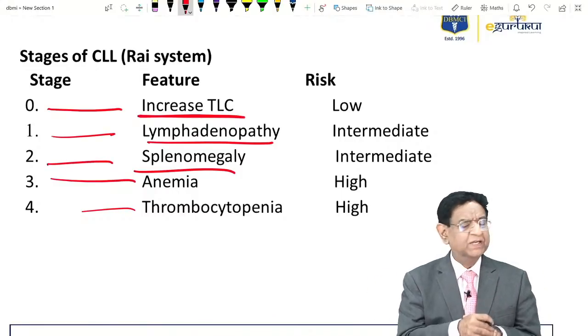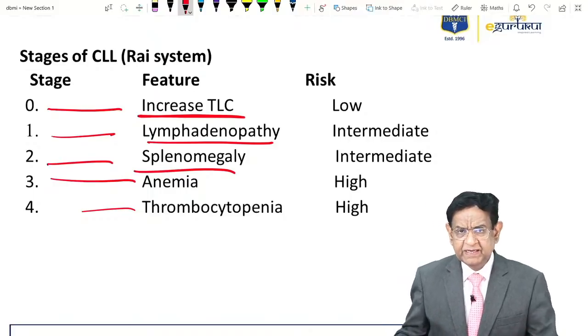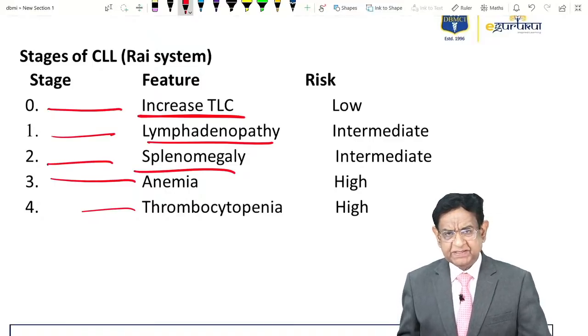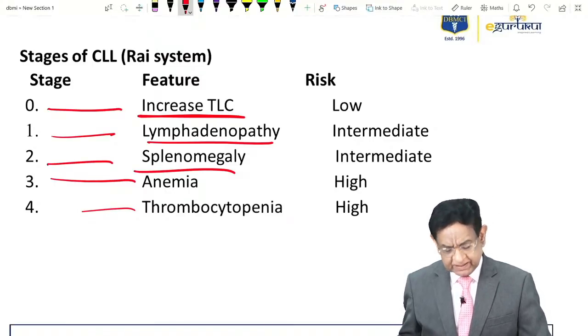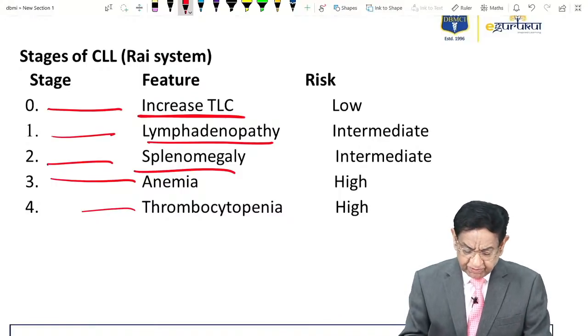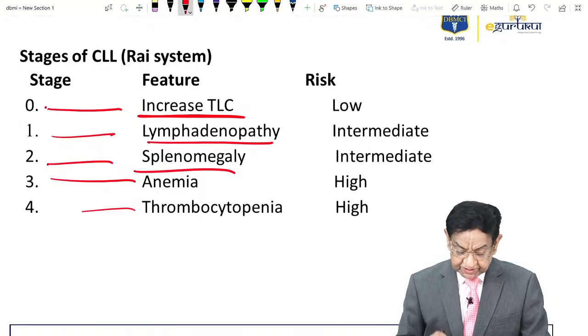particular slide. Since it is a very, very important slide, I'll be discussing a lot of things: pathology, physiology, pathophysiology, pharmacology, medicine, etc. First of all, point to be noted, the staging starts from 0. It is not starting from 1, 2, 3, 4, 5. It is 0, 1, 2, 3, 4.